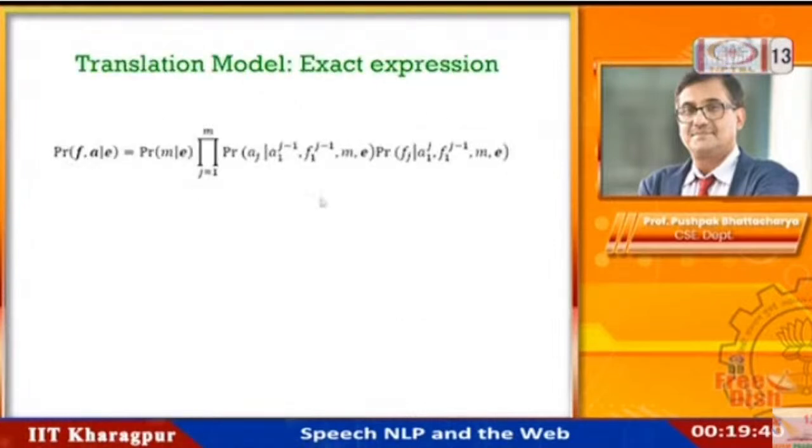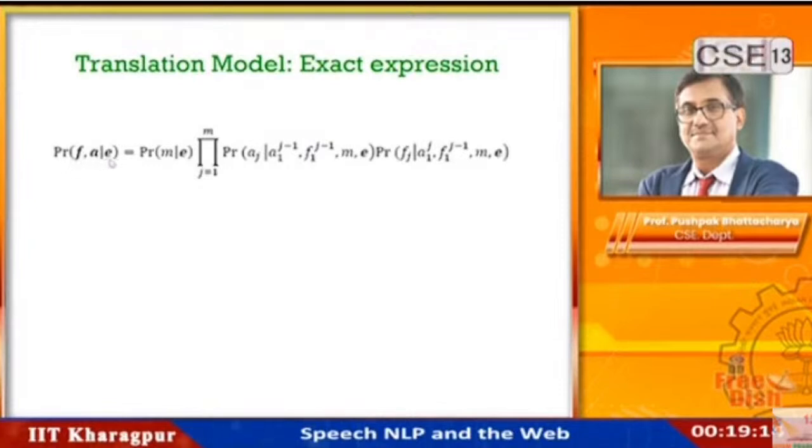Now, from this, we come to a somewhat daunting probability expression. We had introduced A as a marginalizing variable, and we had sigma of P(F, A given E) for all possible values.